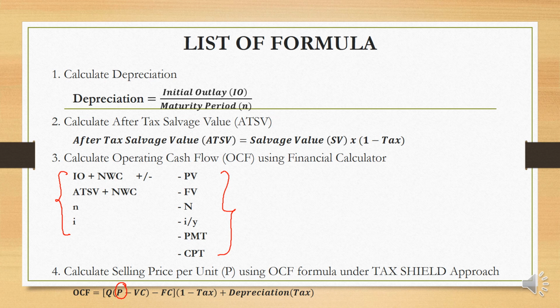Based on the OCF formula and the tax shield, it equals Q, represented by quantity, times P, which is selling price per unit, minus the variable cost, which is VC, and then minus FC, represented by fixed cost, and that will be times 1 minus tax, plus depreciation times tax. So here is the fourth formula that you will use to calculate minimum selling price per unit under setting bid price.